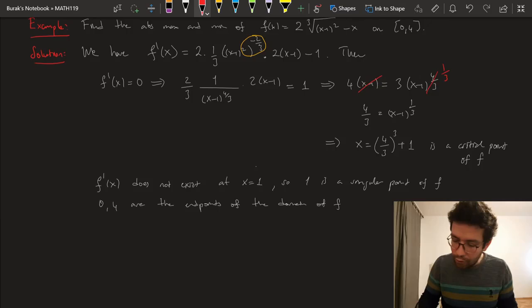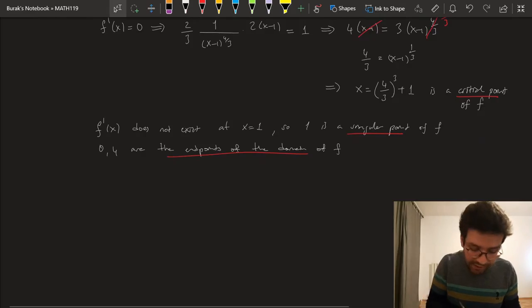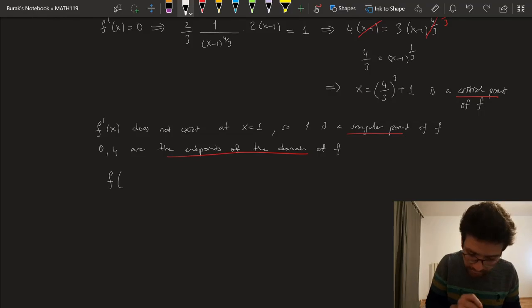So I got all my candidate points: critical points, singular points, the endpoints of the domain. Now I just plug these into the function and see what I have.